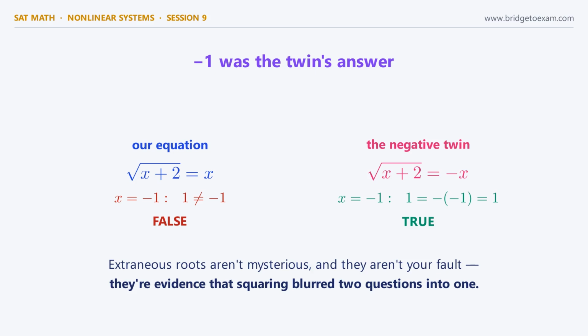It's true, so -1 is a perfectly valid solution of the twin equation. Squaring merged the two equations together, and -1 came along for the ride. That's the whole mechanism. Extraneous solutions aren't mysterious, and they aren't your fault. They're evidence that squaring blurred two different questions into one.